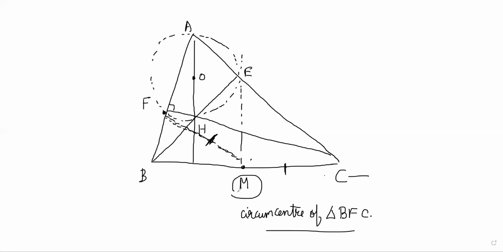Then angle MFC equals angle MCF, and this angle we know is 90 minus B, so that one is also 90 minus B. So this one is 90 minus B, and then we connect OF. Then we only need to show that AFO equals CFM.